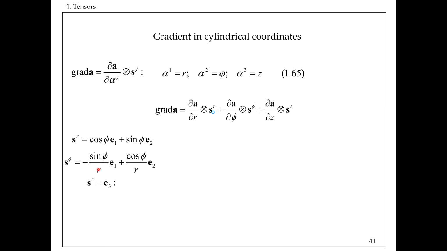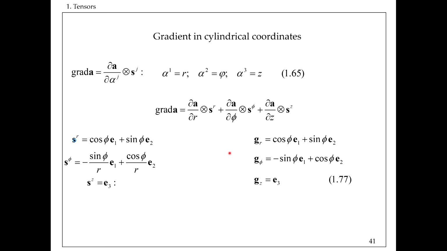For that, if you remember, we introduced the so-called normalized basis vectors, when we just calculated the length of these basis vectors and divided them by this number, by their length.